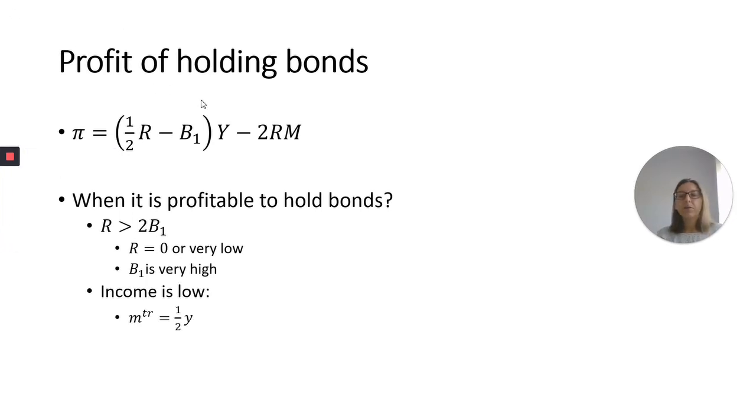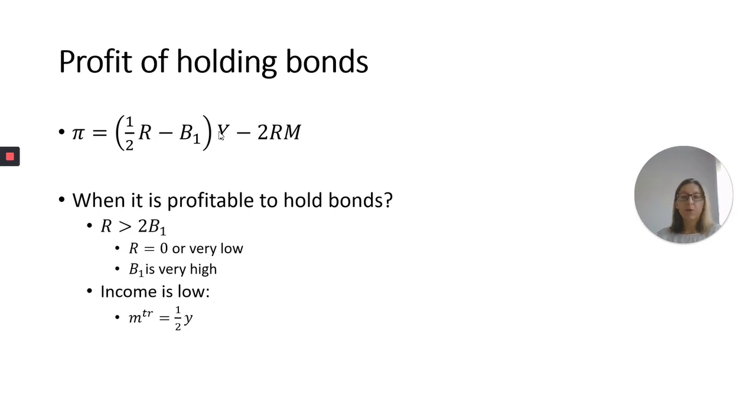The other possible case of negative profits, or when it is not profitable to hold bonds, is when income is very low. So the first component becomes very low, and it doesn't matter what the interest rate and the brokerage cost are. The total earnings simply don't compensate the cost they experience, or the actual alternative cost of holding money.